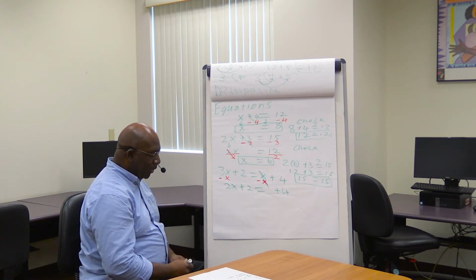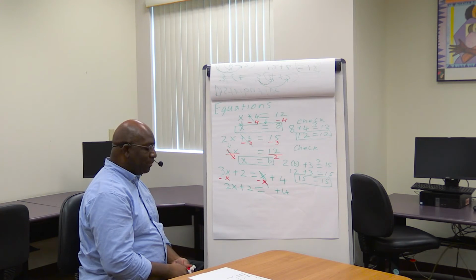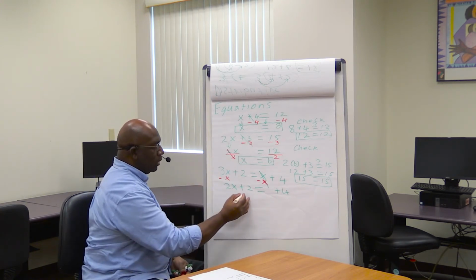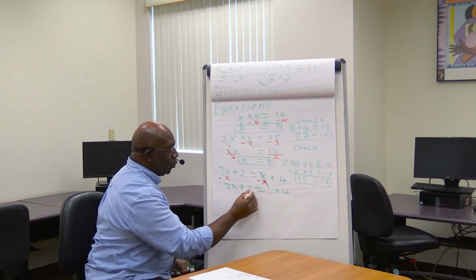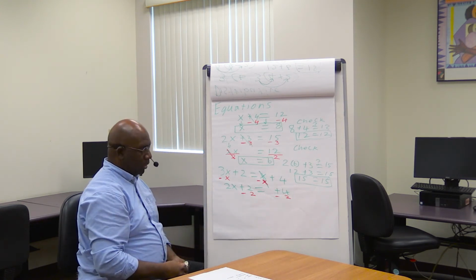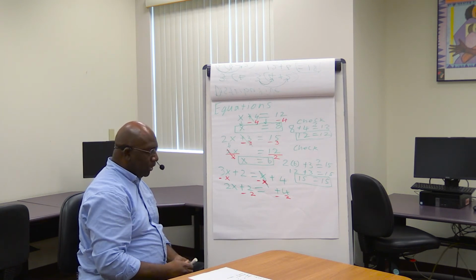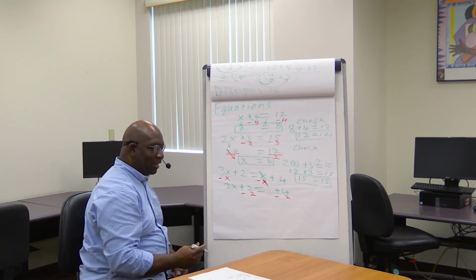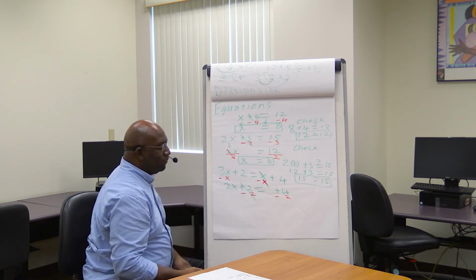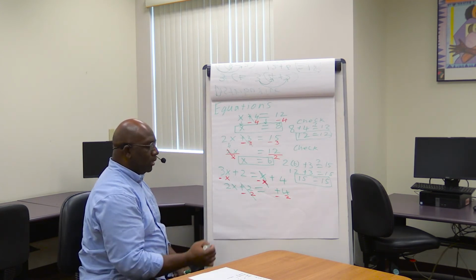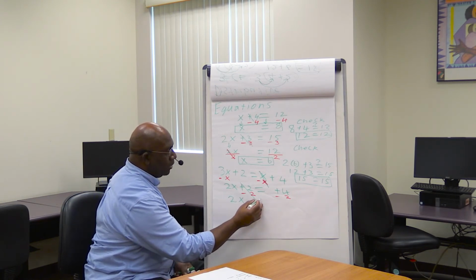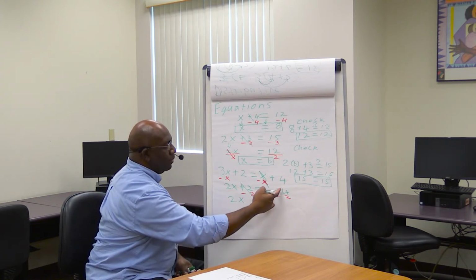Next, I'm going to try and isolate my x, pretty much like I did up here, by doing minus 2, minus 2. Whatever I do to one side, I do to the other. I know it's redundant, but I have to say it. The positive 2 and negative 2 cancel each other out, leaving me with 2x equals 4.